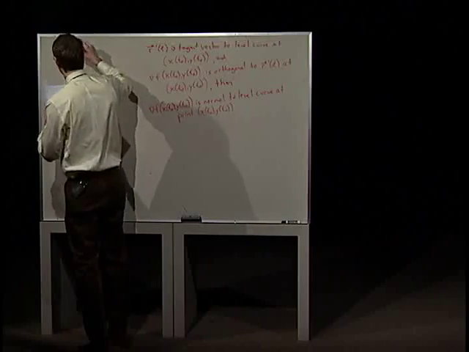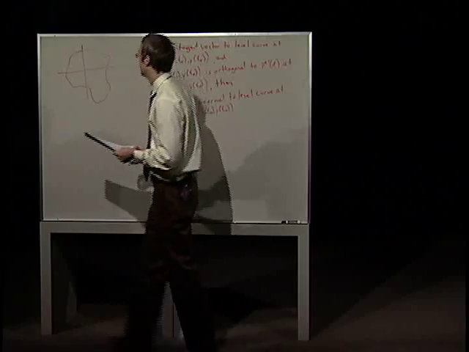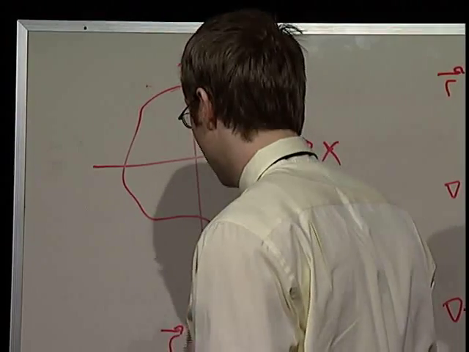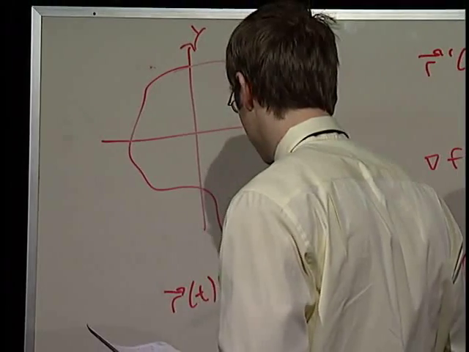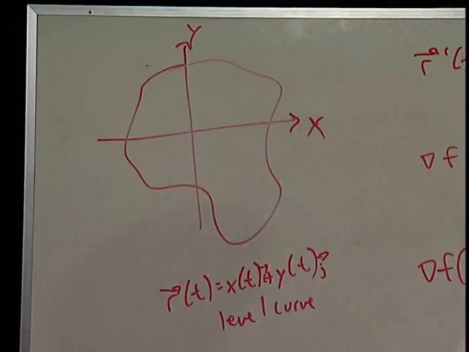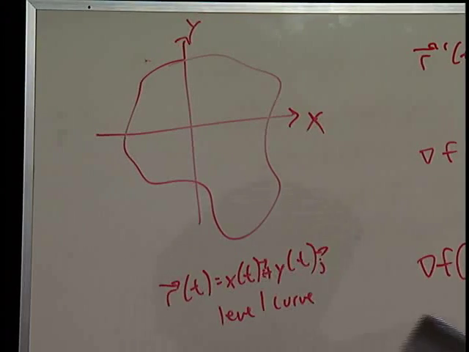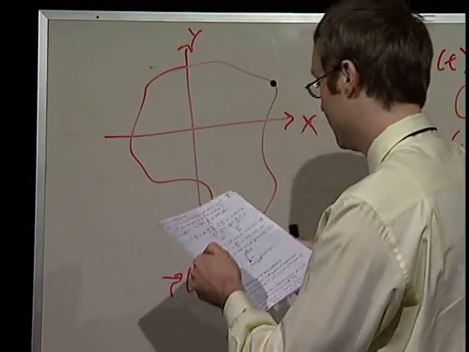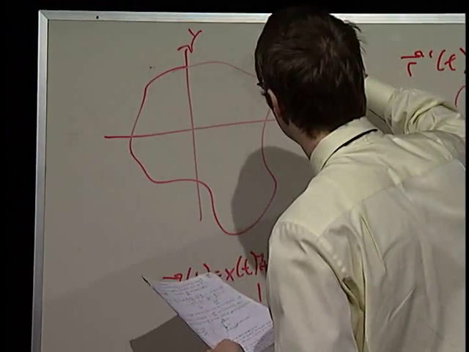All right, so here's a picture. So there's a level curve, right? x, y, a level curve, x of t i plus y of t j. It's a level curve of some surface, okay? And then pick a point t naught, maybe it's there, right? So the vector tangent to that looks something like that.